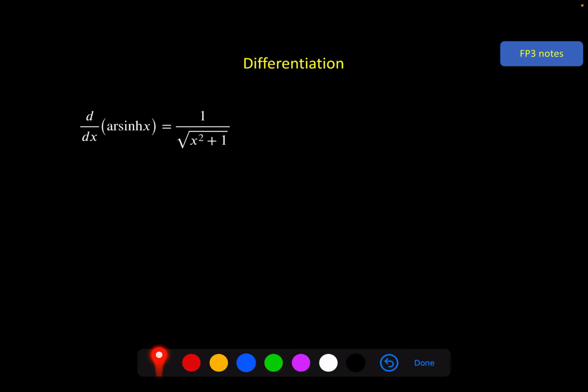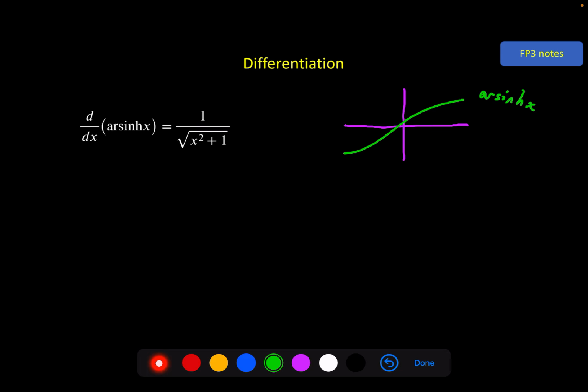I'll talk about the plus negative at this point. I'll do this one by one. So the reason I haven't put a plus negative on that square root is because of what it actually means. I'm going to do this in terms of the graph. If you put this on a graph, what you get is something that kind of looks like this, and this is our arsinh x.